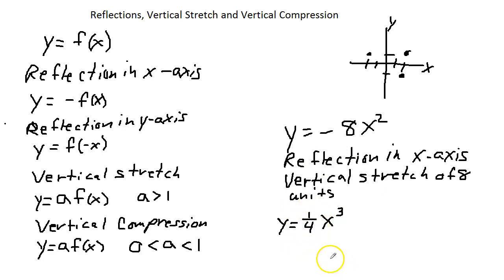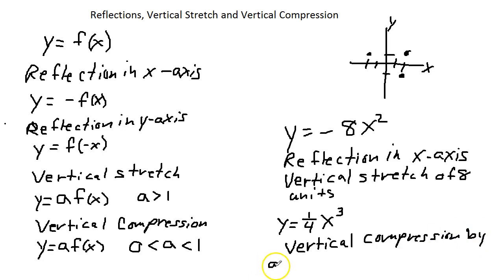This 1/4 is less than 1, but it's larger than 0, so it is a vertical compression. And it's by a factor of 1/4.